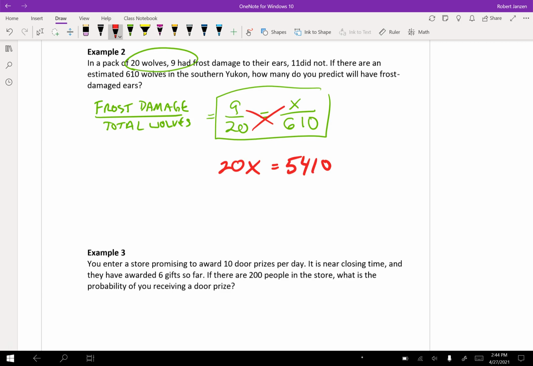Okay, just grab my calculator, make sure. 9 times 610 is 5,490. Good thing I checked.